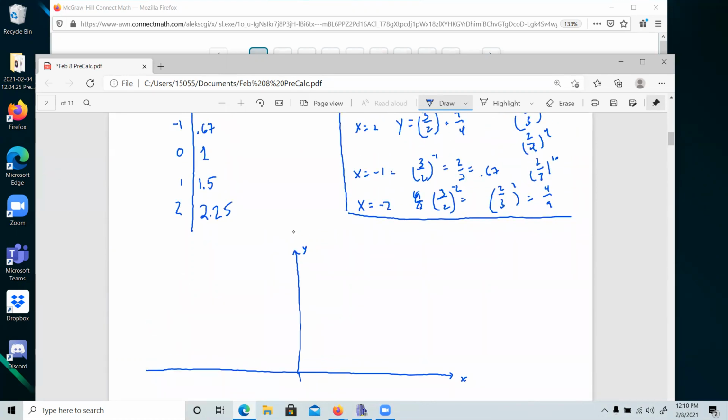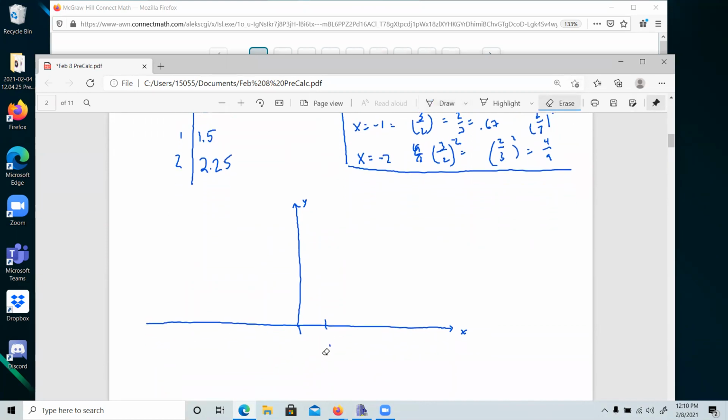Okay, so we have, here's 1. Now let's make things bigger. Okay, so here's 1, here's 2, it's 1, it's 2, it's -1, -2, all right?